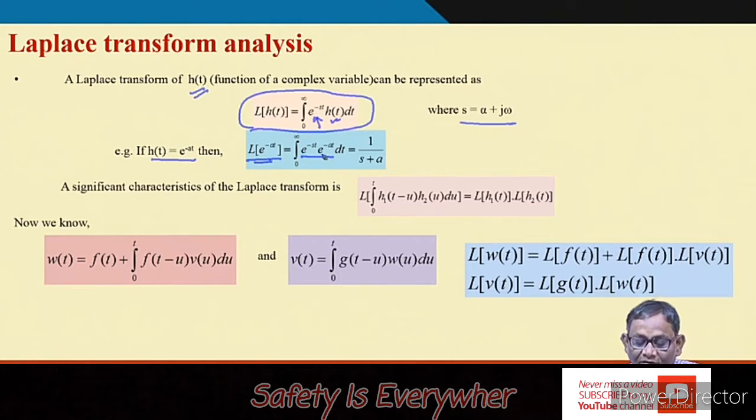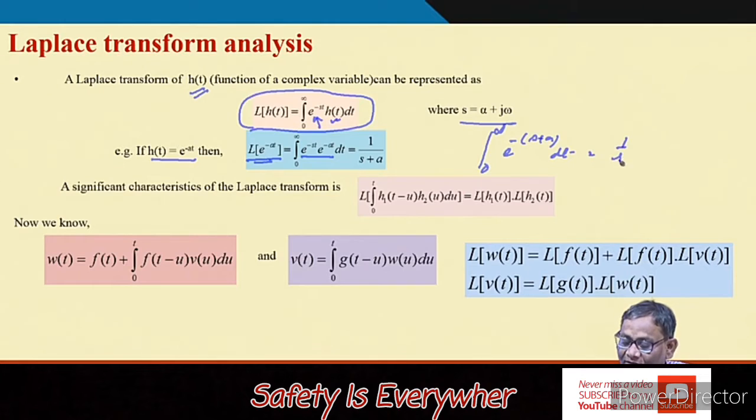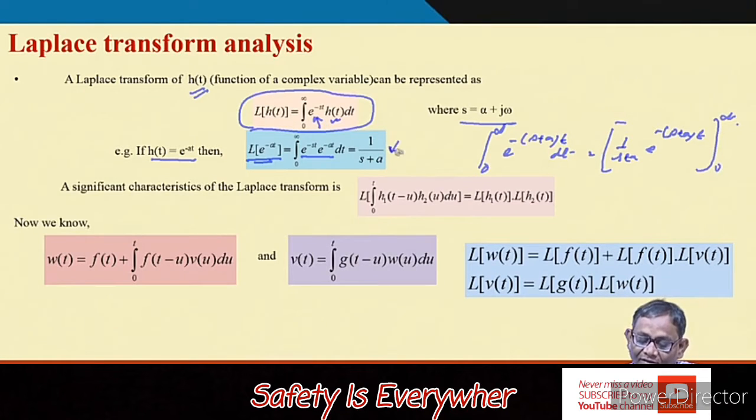Because these are all exponentials, this will be e to the power minus (s plus a) t dt, integrated from 0 to infinity. Its integration will be 1 by (s plus a) times e to the power minus (s plus a) t, and ultimately you put in the limits 0 to infinity, and finally you get this equation.